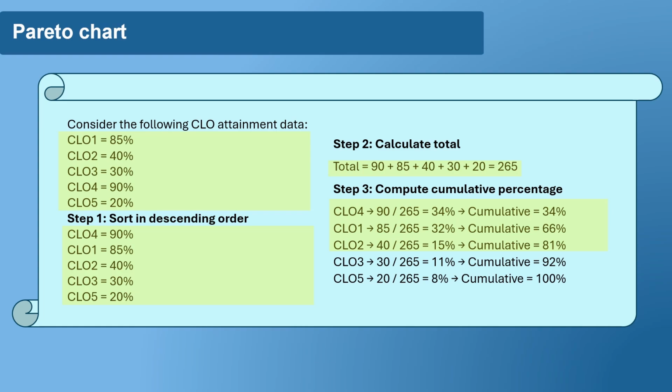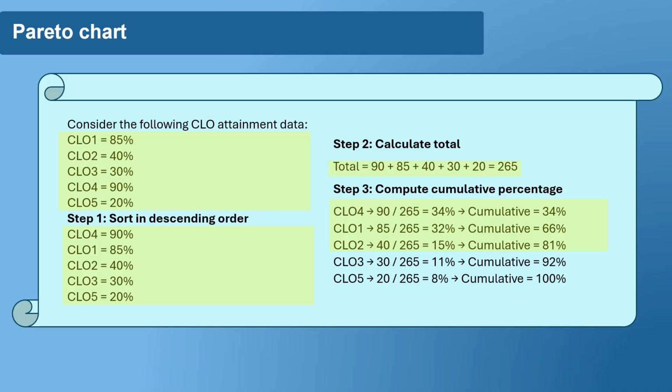Next, CLO1 has an attainment of 85, which corresponds to approximately 32% of the total. This value is then added to the previous cumulative percentage, that is 34%, resulting in a cumulative percentage of 66. So CLO1 will have a cumulative percentage of 66%.